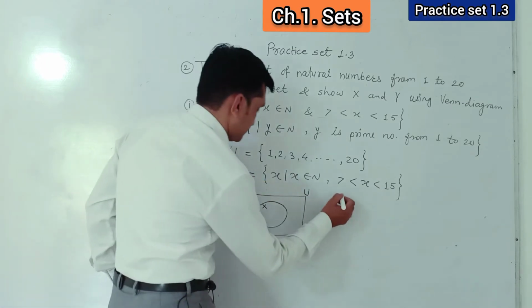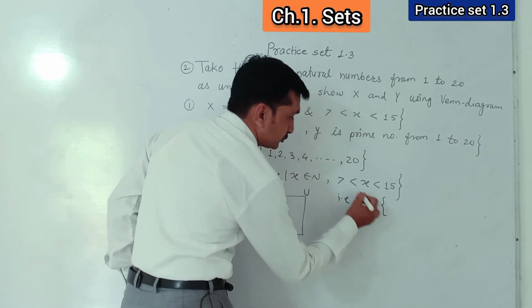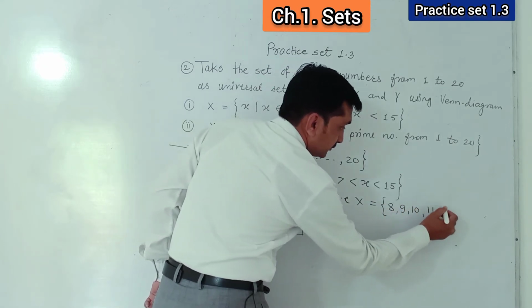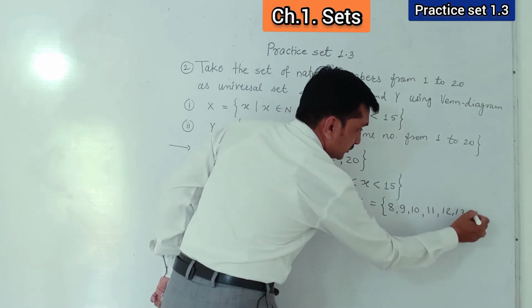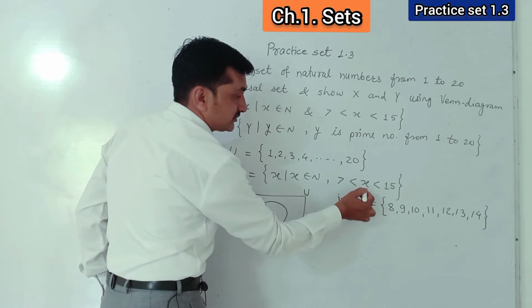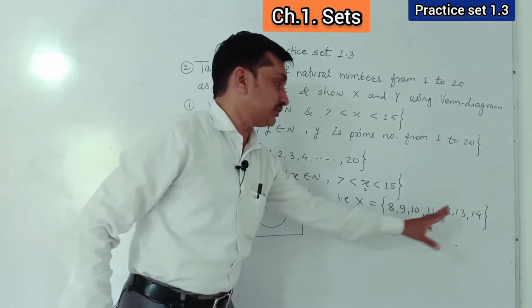That we know. In listing method I write X is equal to {8, 9, 10, 11, 12, 13 and 14}, because this natural number is between 7 and 15, meaning from 8 to 14.